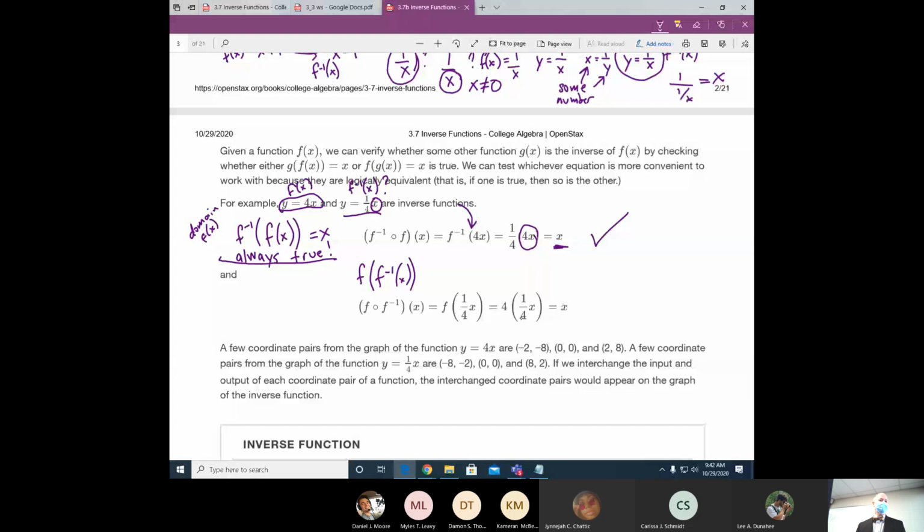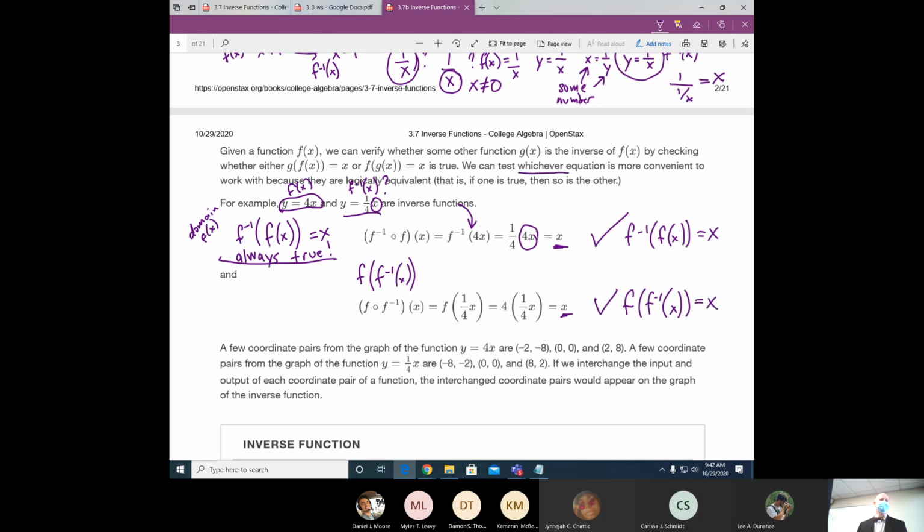There's 1/4 x, feeding that into the original, meaning I take what I feed to you and multiply by 4, calculate it out, and I do get x back. Yes. So I know that f inverse of f of x gives me x, and f of f inverse of x also gives me x.